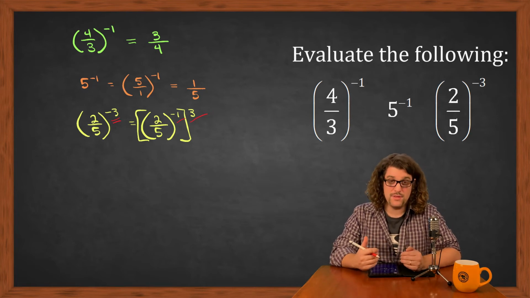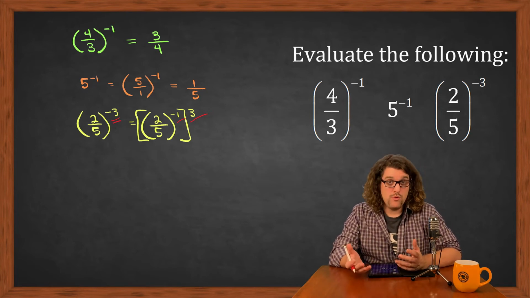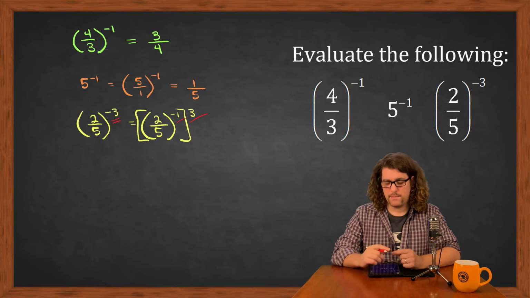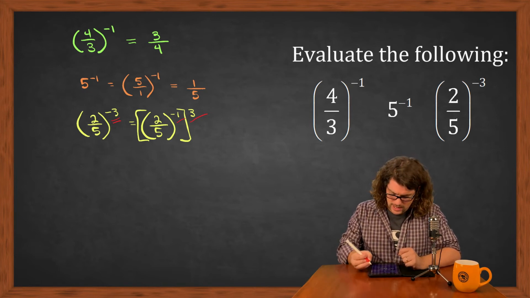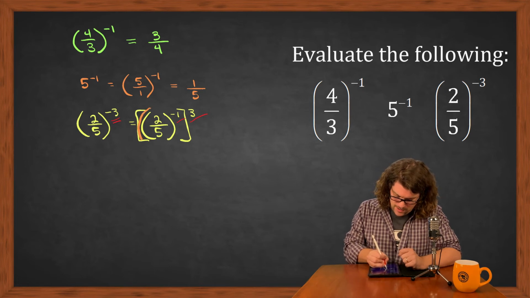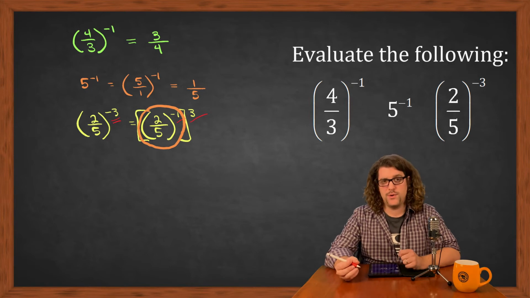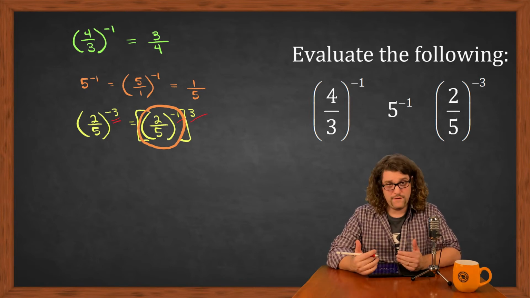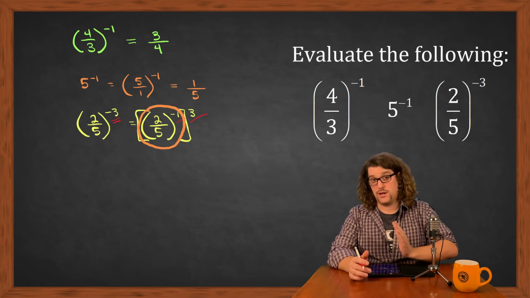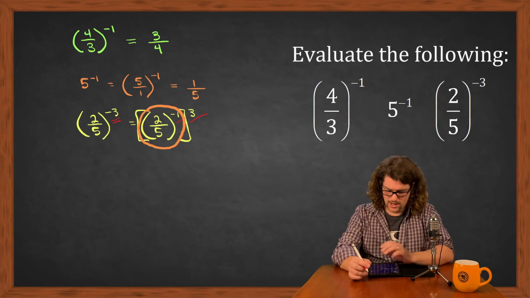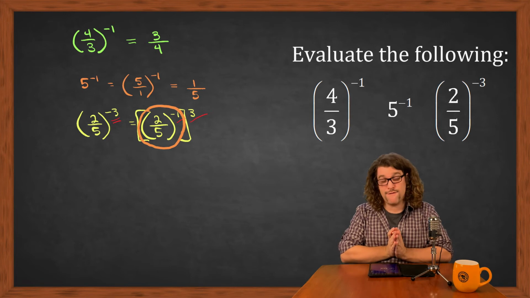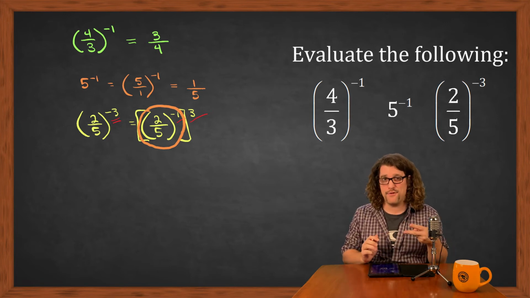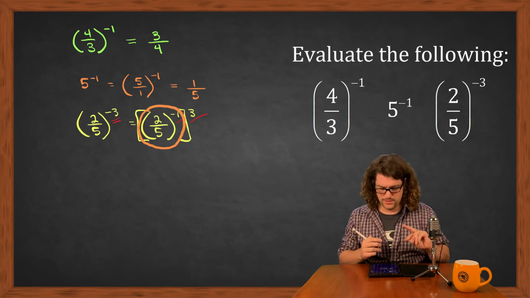So I started with a -3. There's no reason why I can't pull that apart into a -1 and a 3 done separately. If I do that, then this part right here only includes the -1 exponent and the 2/5 fraction, but does not include the 3 that's outside of that. That actually can be done just the same way as our first example here, where we had 4/3 flips to give us 3/4.